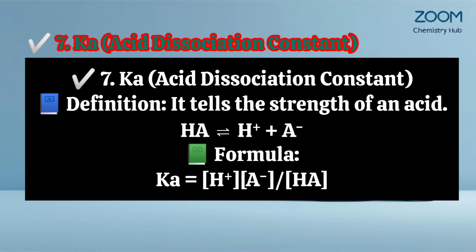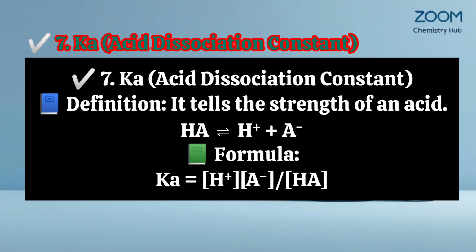Next is the Ka, that is the acid dissociation constant. It tells the strength of an acid. For example, if we have an acid HA, it will ionize into hydrogen ion and A minus.